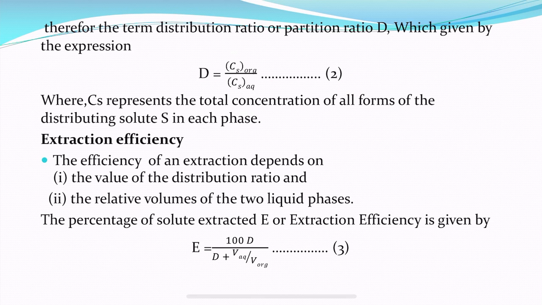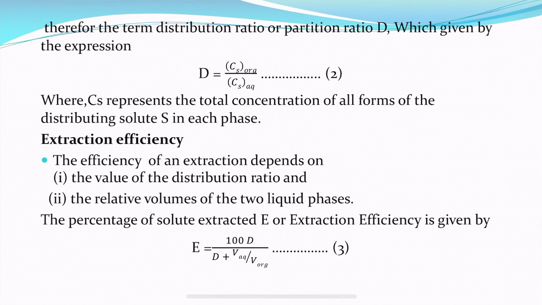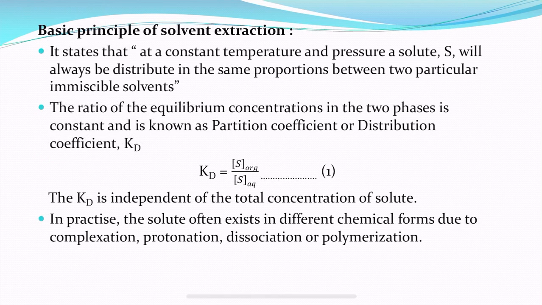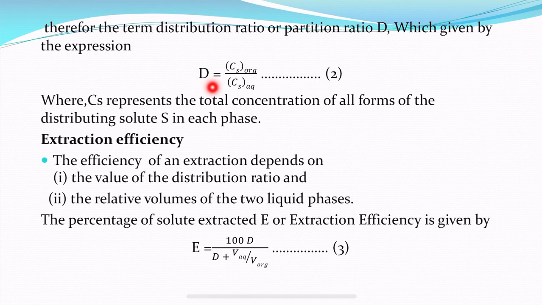So, if no interactions involving solute occur in either phase, then Kd and D are the same. So, what I have written here: this Kd, which is also called the partition coefficient, and here I have represented it as D. In practical classes the solute often exists in different chemical forms, and at that time, to simplify, I am taking it as D, okay.